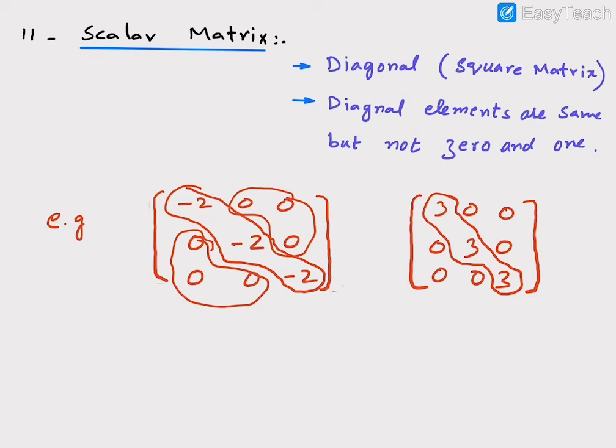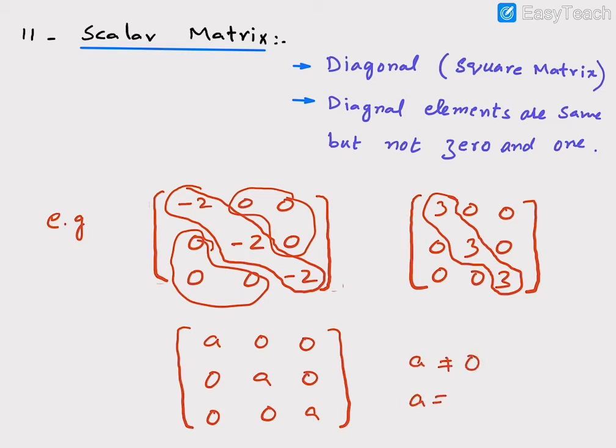You can also write A 0 0 0 A 0 0 0 A. This is also a scalar matrix, and this A should not be equal to 0 and A should not be equal to 1. Why 0? If A is 0, it will be a null matrix. If A equals 1, then it will be an identity matrix. But a scalar matrix must be a diagonal matrix. It means it must be a square matrix also.